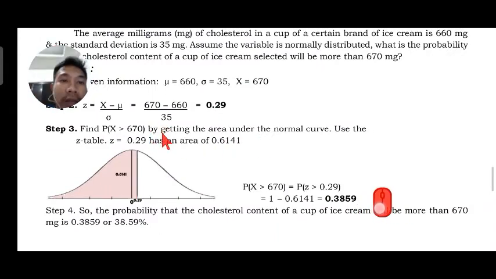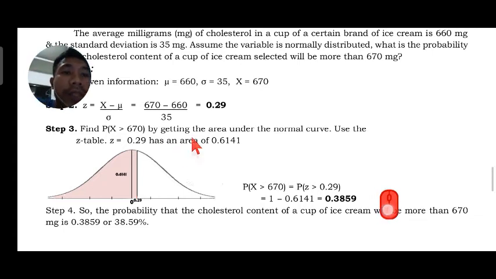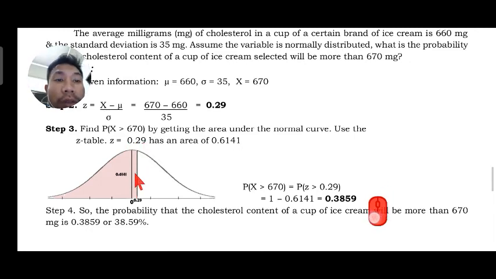So that is the area of our z-score of 0.29.